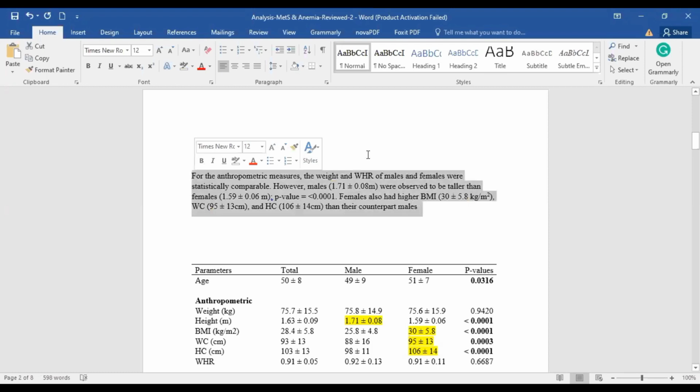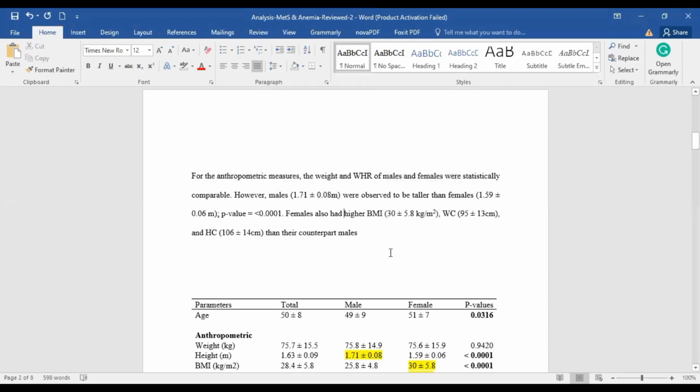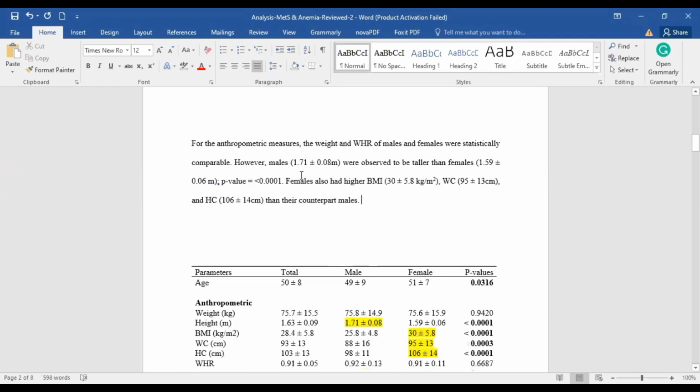There are different ways to write these sentences. Another way is to say that, however, males are taller than. Then for this one, because they are more, you can see that comparing males to females, females had a higher BMI. Then you write the same sentence.